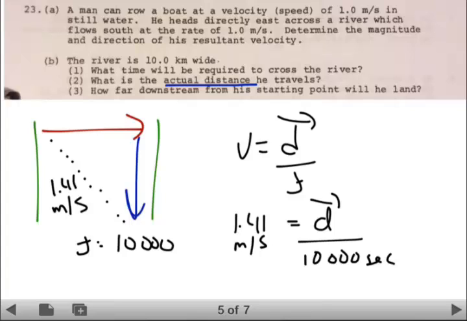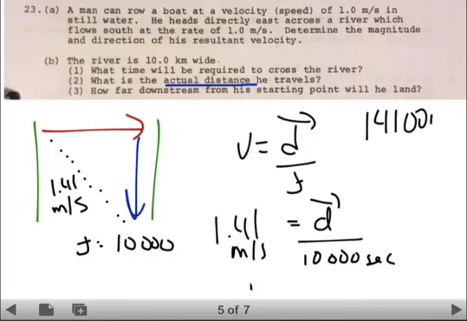Okay, so if you do that math, you will find that he has traveled, 1.41 meters per second times 10,000 seconds. So if you do that math, you find out that he has gone 14,100 meters, or 14.1 kilometers.